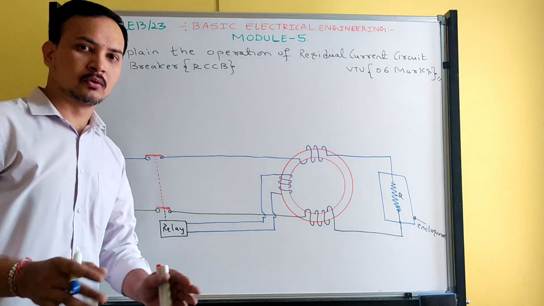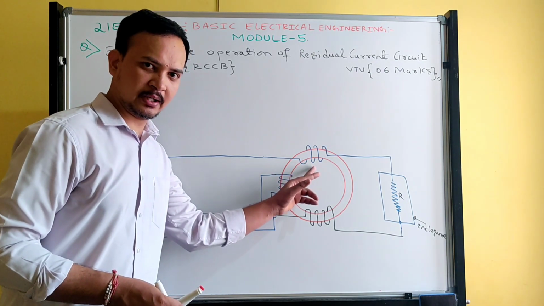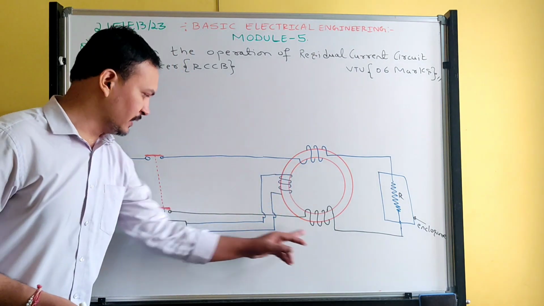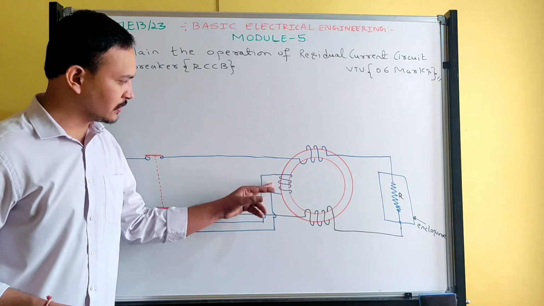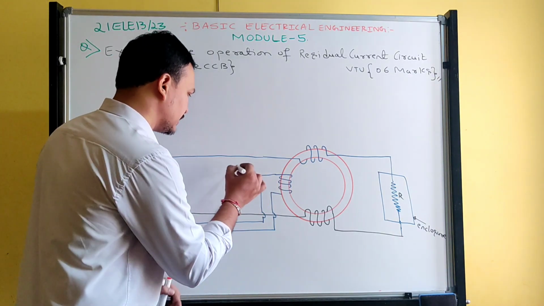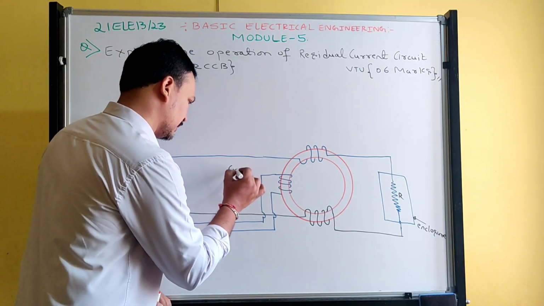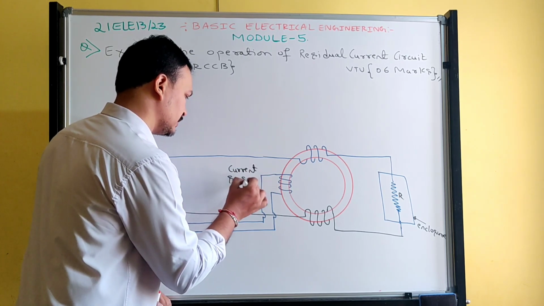Totally there will be two coils: a coil in the live wire and a coil in the neutral wire, and between those two coils, one sensing coil will be there. We can name this the current sensing coil. See, very easy.